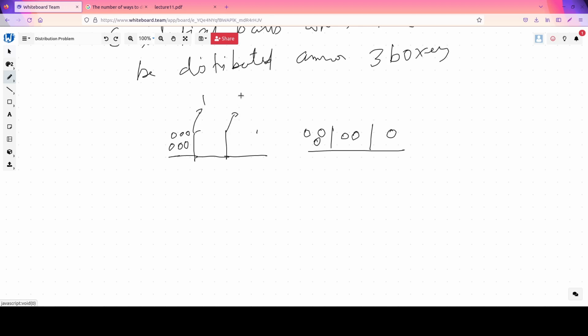Now if you pay close attention, this is represented as 6 zeros if we form a binary sequence: 1 2 3 4 5 and 6, and these 2 bars, which divide the 3 boxes, are 2 ones.